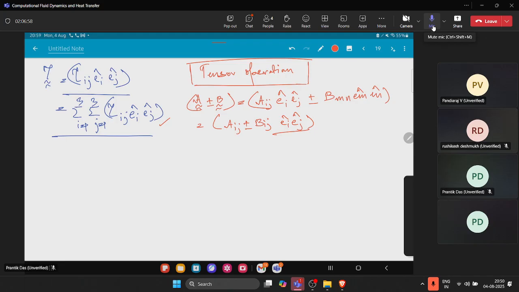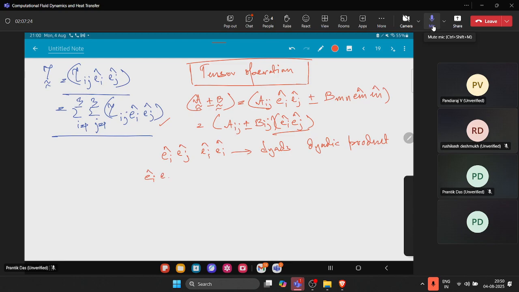These dyads should be the same. One thing I forgot to mention is that this product is called the dyadic product, Ei cap, Ej cap. These are basically called dyads, or dyadic product. We are not doing any kind of dot product or scalar triple product. We are putting one unit vector beside another one, so the order of them is very important.